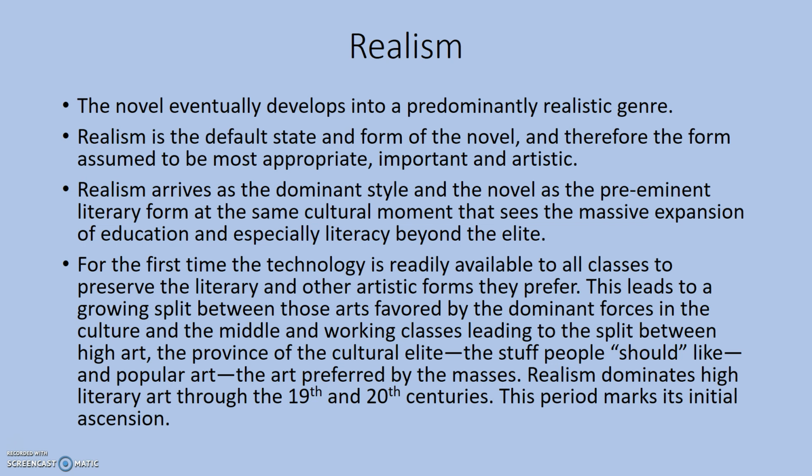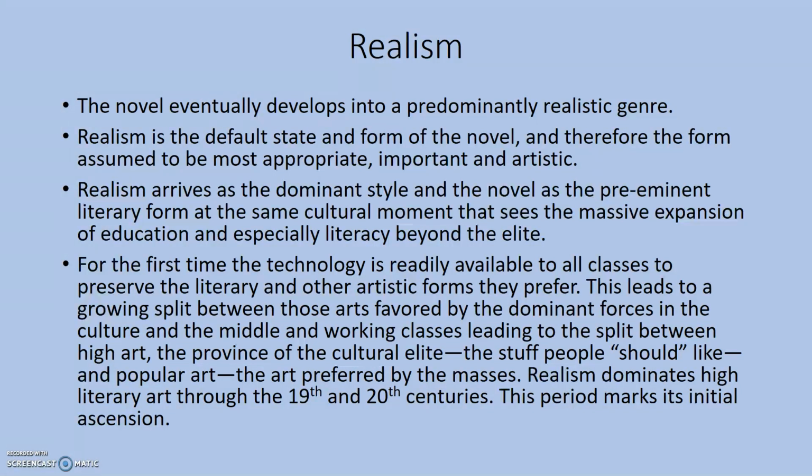And because the elite see themselves as better than the middle classes and working classes, this leads to a split between high art, which is supported by, promoted by the cultural elite, and is the stuff that people should like, and popular art, the art that is generally preferred by the masses, by the middle and working class.